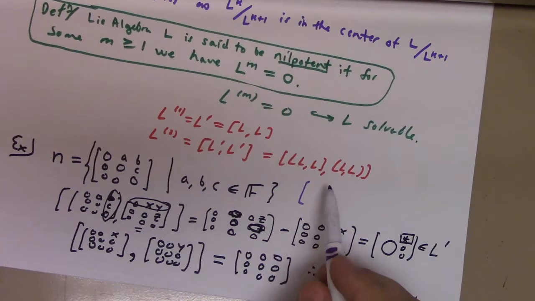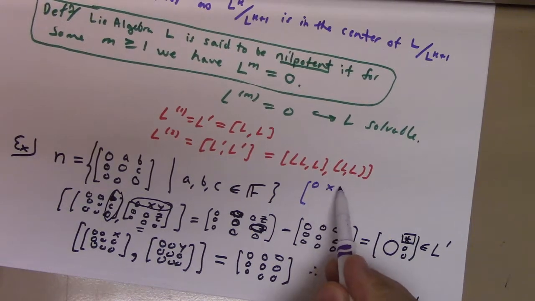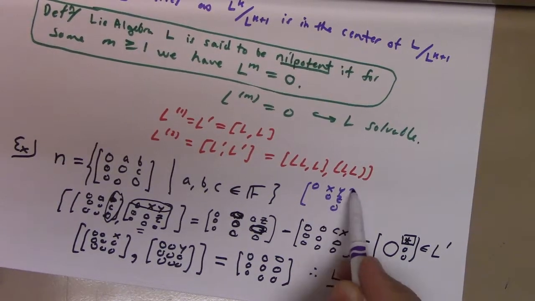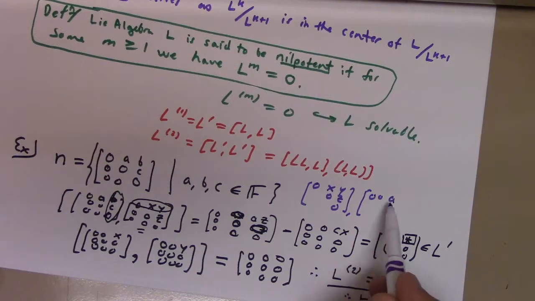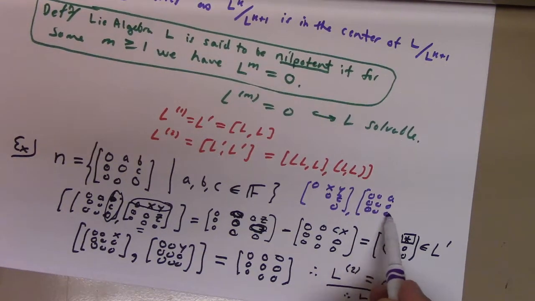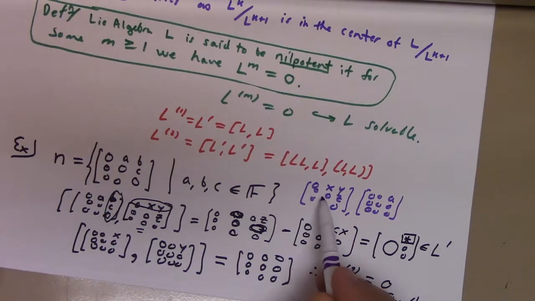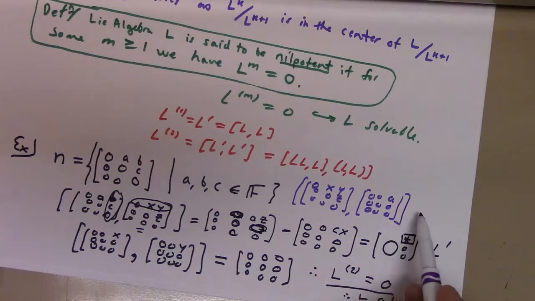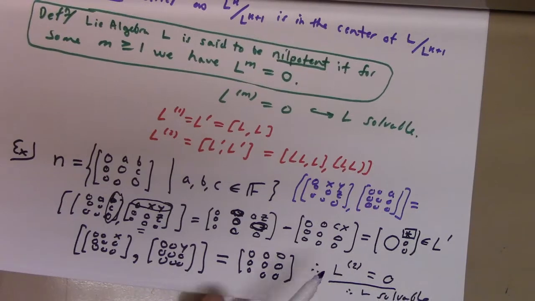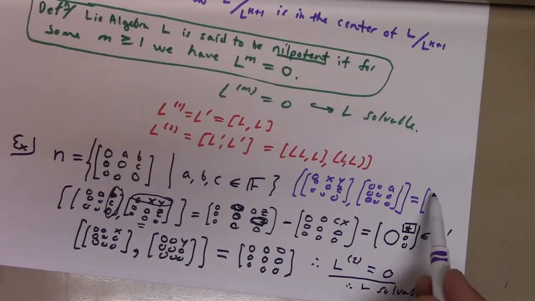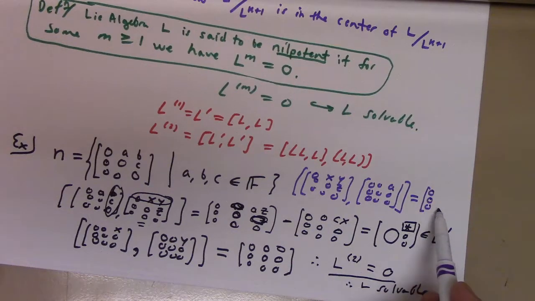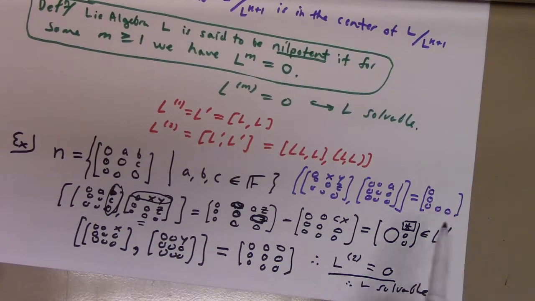All right, so here, 0, x, y, z with 0, 0, a, 0, 0, 0, 0, 0, 0. What's that bracket? Obviously we get zeros here.